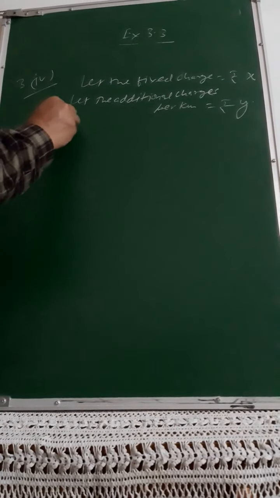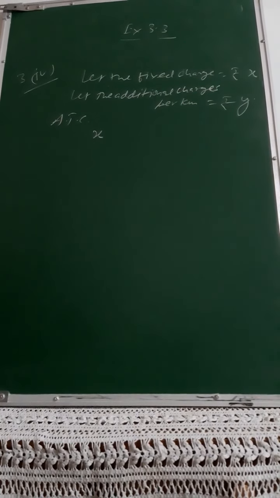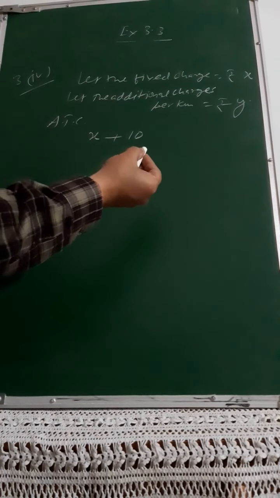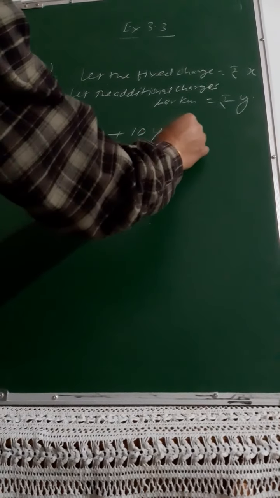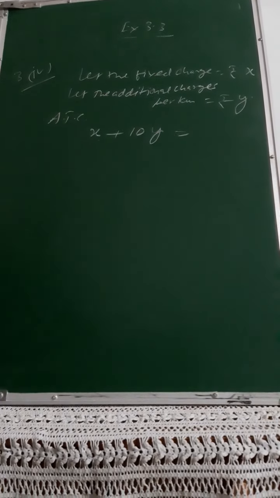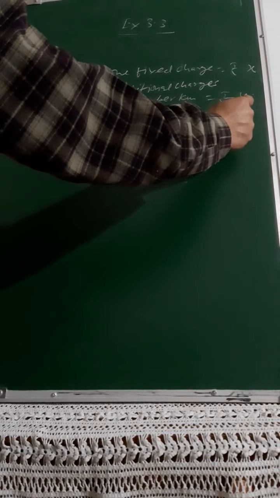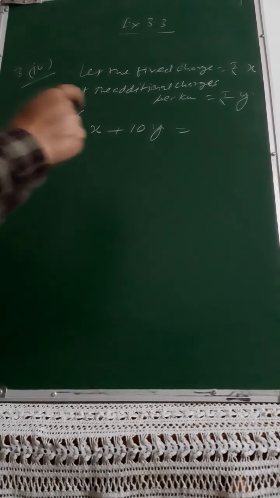the charge paid is rupees 105. So simply, I will be getting the first equation. Now I know I have to pay X, this is the fixed charge. And in the first condition only 10 kilometers extra were traveled, at the rate of rupees Y. Definitely I have to pay 10Y rupees extra.